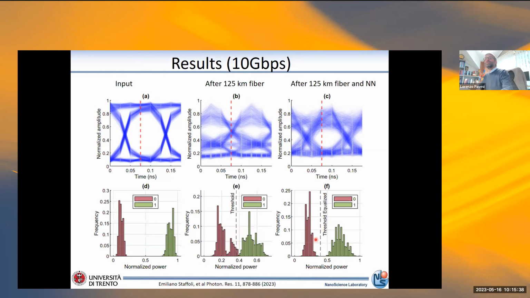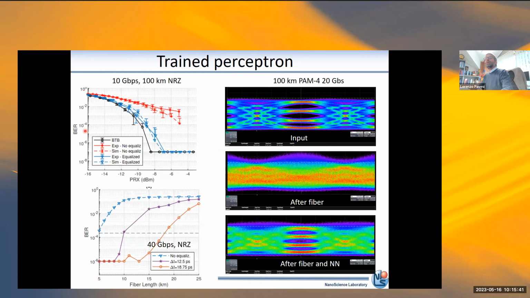And so in this way we can get a bit error rate, the number of errors in the bits received by the detector, that is similar or equal to the one that was present before transmitting the light signal through the fiber.